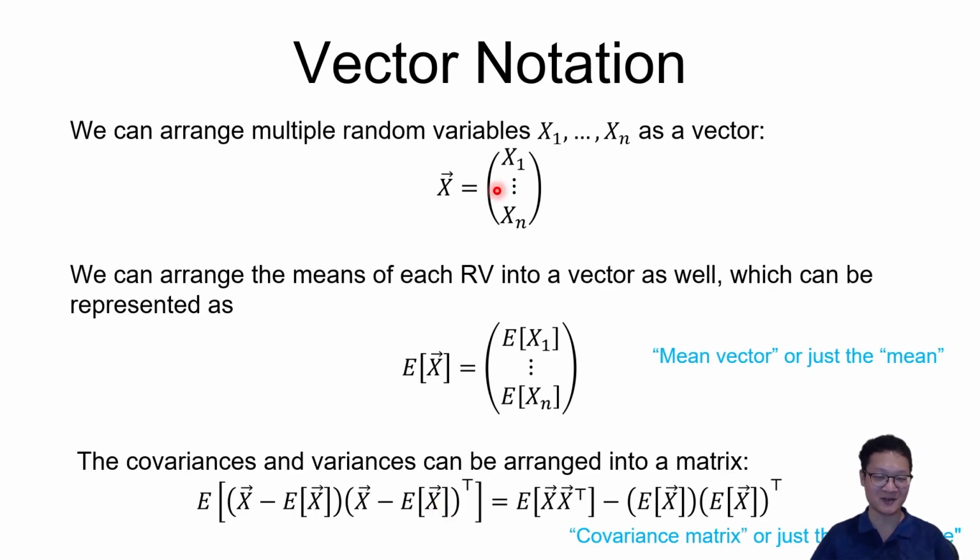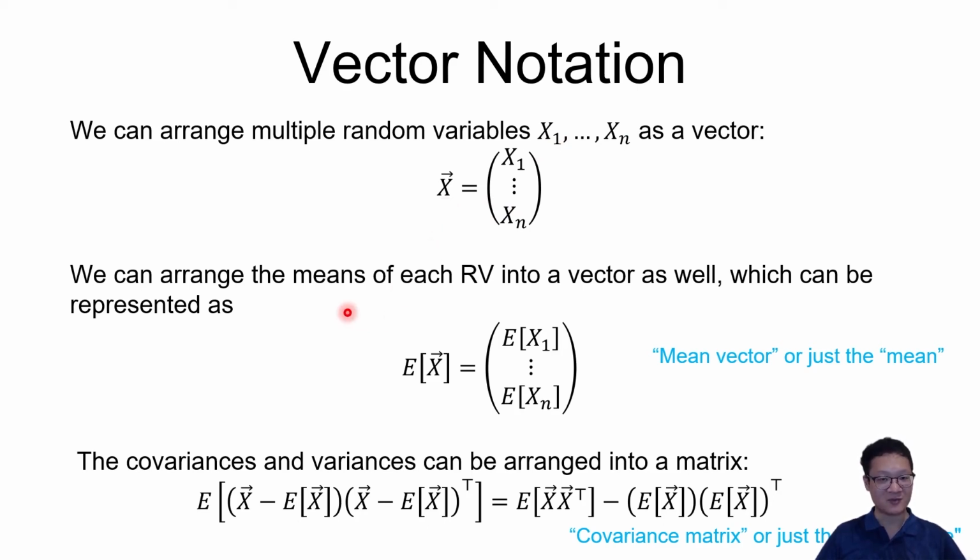So in this class, and in many machine learning papers and future courses, you will see that all of these different random variables are collected together into a random vector. So this is the vector x.